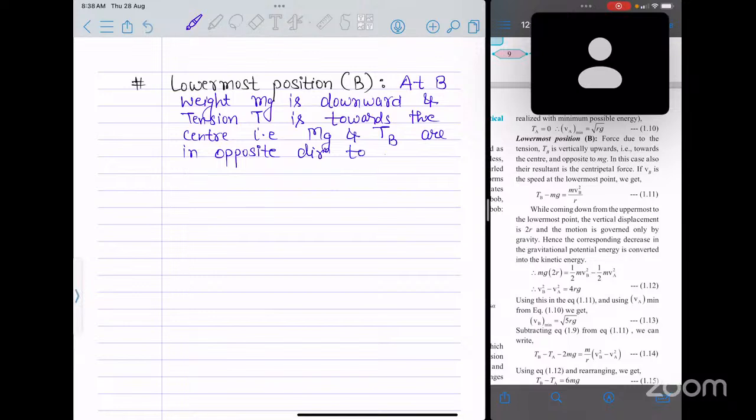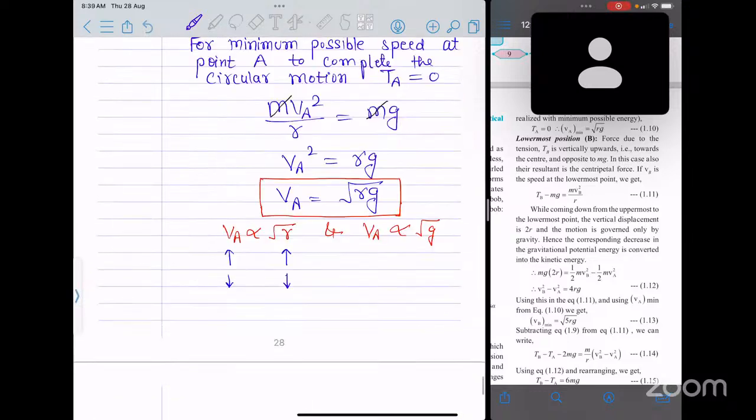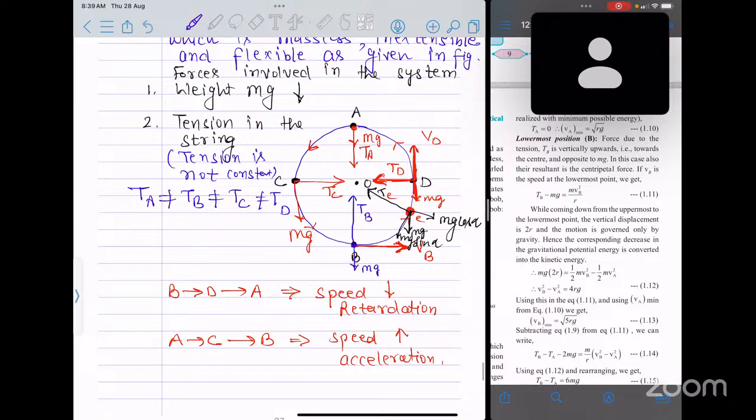Okay, so the relation will be, because they are in opposite direction, TB minus mg is equal to mvb square divided by r, because in this case TB should be greater than mg.